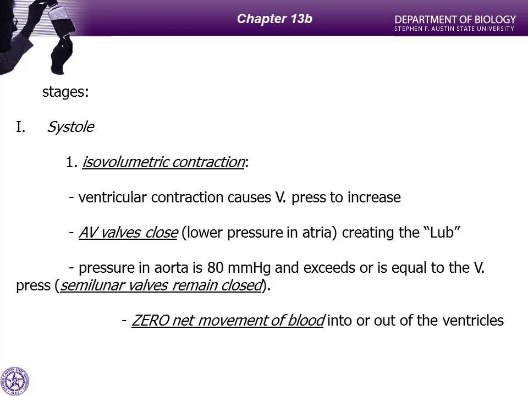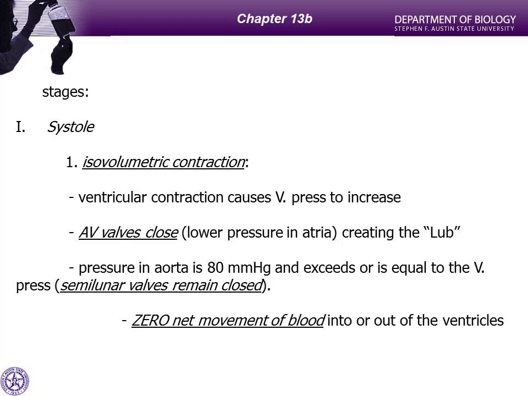So the first stage of systole, the first substage, is isovolumetric contraction. Now what do we know iso means? The same. So same volume, isovolumetric. But if we're contracting, how can you have the same volume?